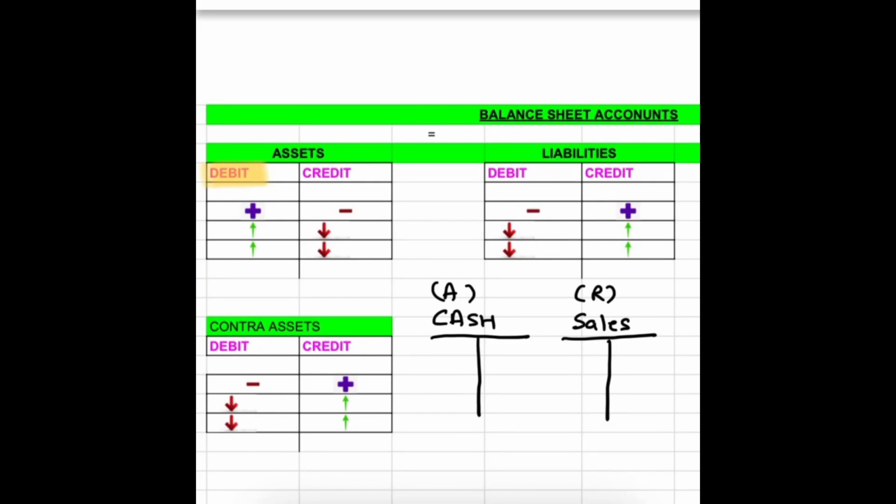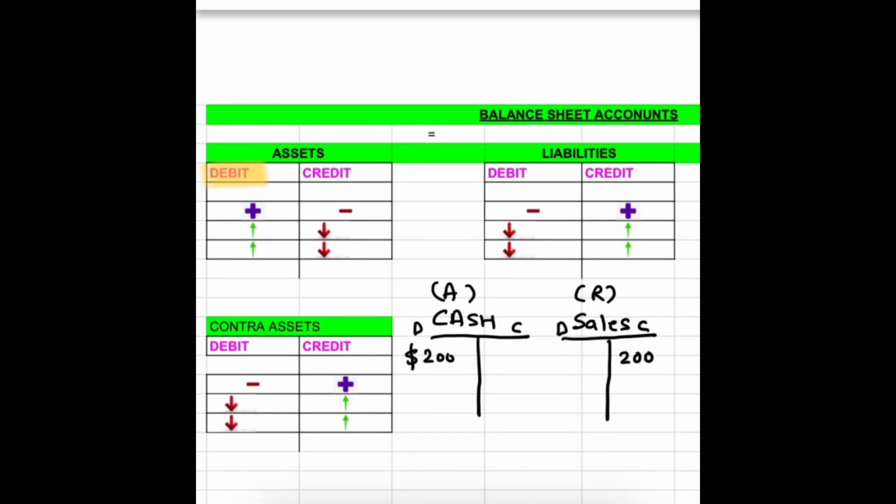As we said, asset increases are entered on the debit side, and we received cash of $200, so we will enter that $200 on the debit side. And where will the credit entry go? It will go to revenue, because revenues increase on the credit side.